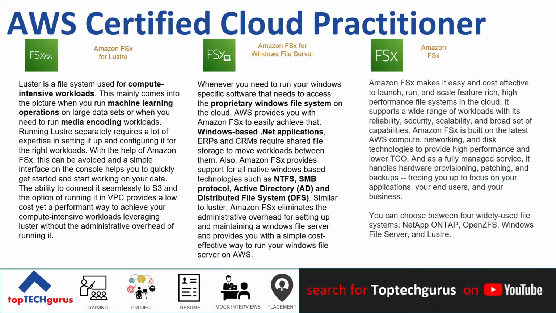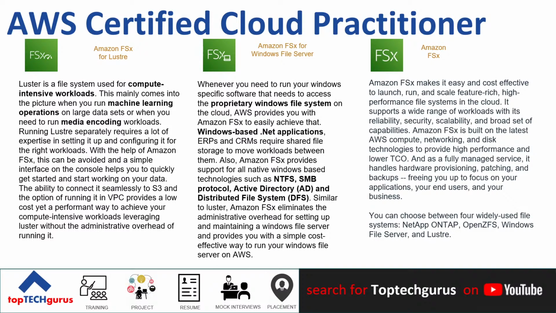The next one we're going to look at is the FSx system. This is a file server or a file system. Amazon provides four different file systems: Windows File Server, Lustre, NetApp ONTAP, and OpenZFS.